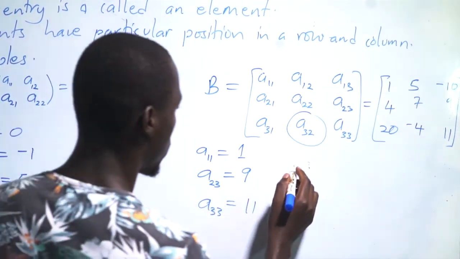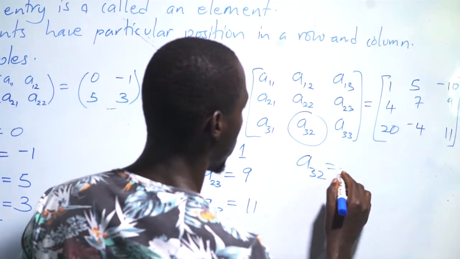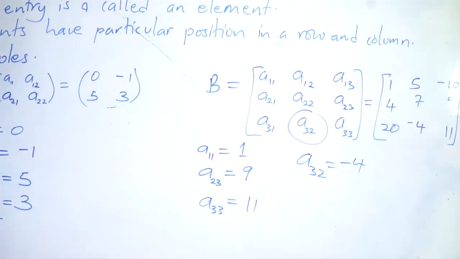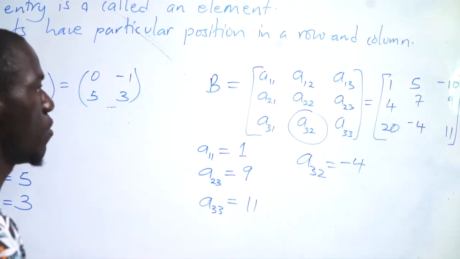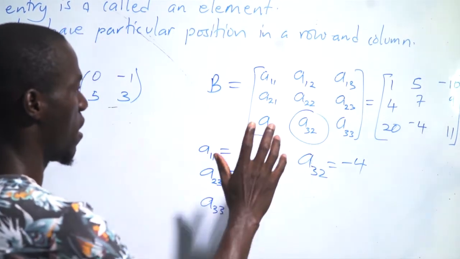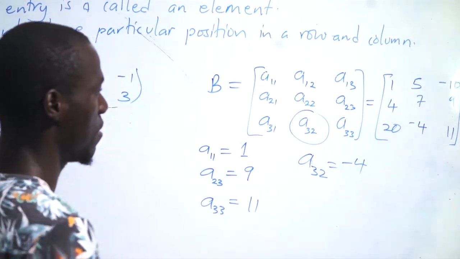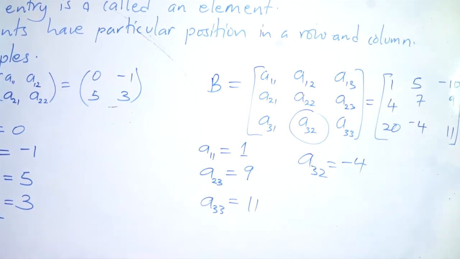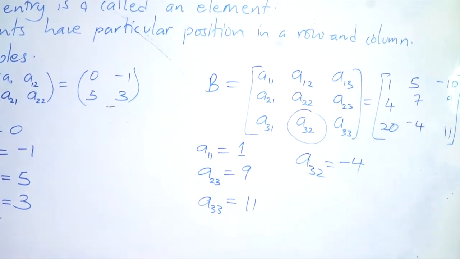And the A32 in that matrix corresponds to a negative what? A negative 4. So you should be able to know where the elements lie within the matrix, the column and the what? And the rows. So that one takes us to the order of a matrix.